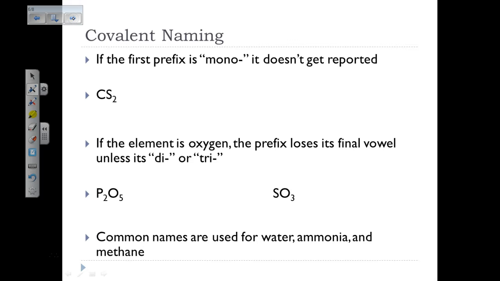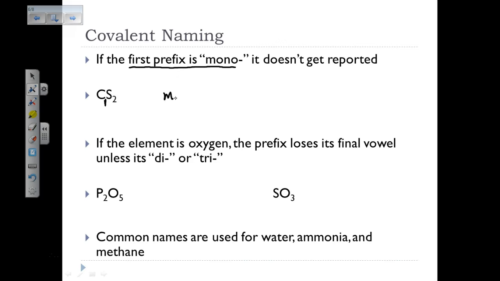So when we name this prefix element, prefix rootide, there are a couple of exceptions to the rule. The first one is that if the first prefix is mono, you don't read it. So this is CS2. When there's no number, we assume it to be 1.